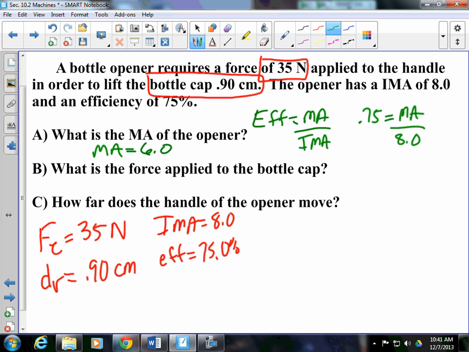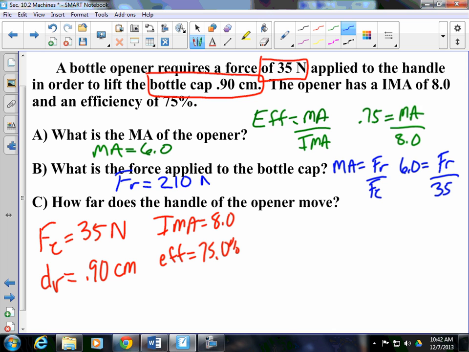We can do that based upon MA equals FR divided by FE. We know that MA is 6.0, force of resistance is what we're trying to solve for, and our force of effort was 35 newtons. 6 times 35, and we end up with a force applied to the bottle cap, or force of resistance, of 210 newtons.